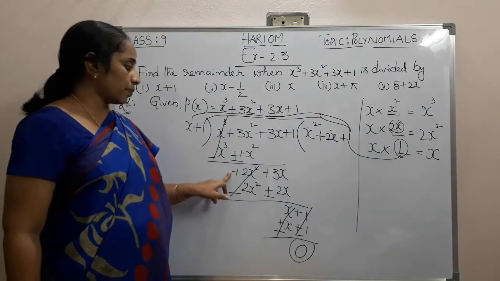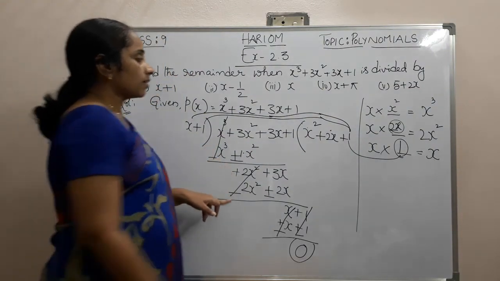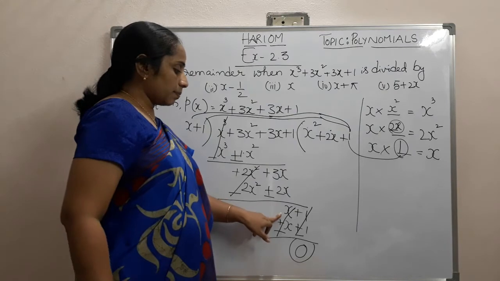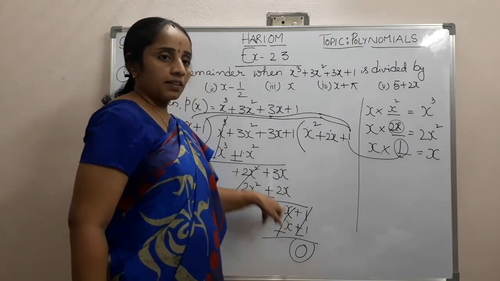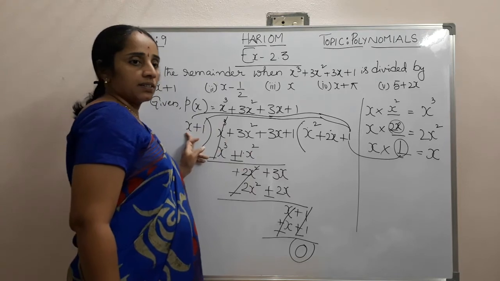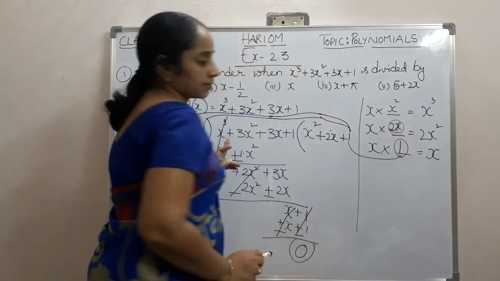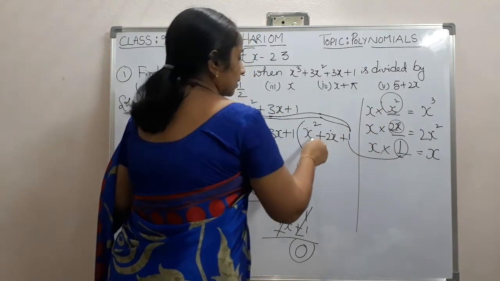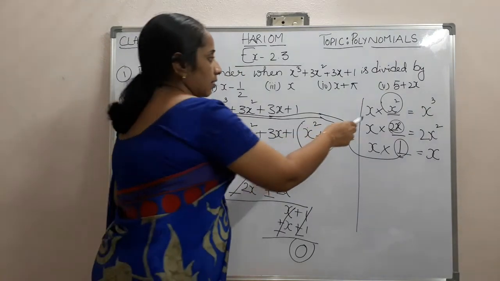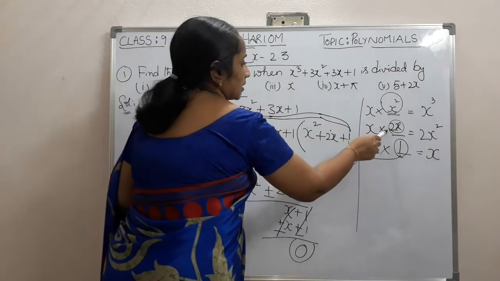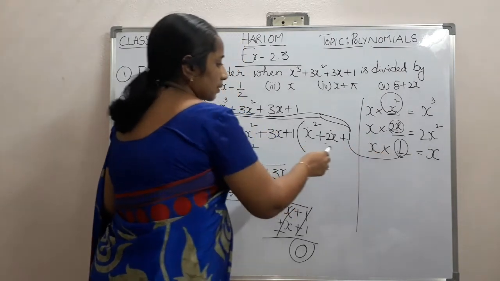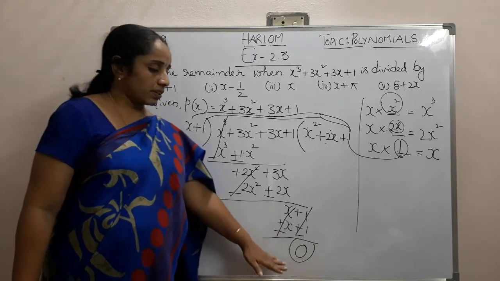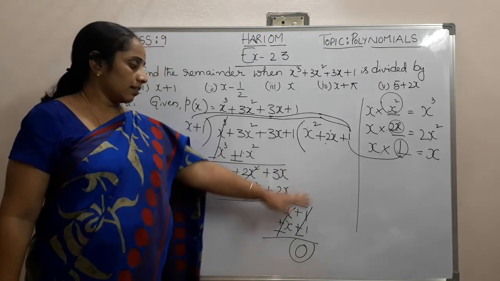In the second step we have 2x square; to get 2x square we multiplied with 2x. In the third step we have x, and in the divisor also we have x; to get x we multiplied with 1. Whatever we are taking here, all these we take as the quotient. First step quotient x square, second step quotient 2x, third step quotient 1. So finally for this problem, this is the remainder.